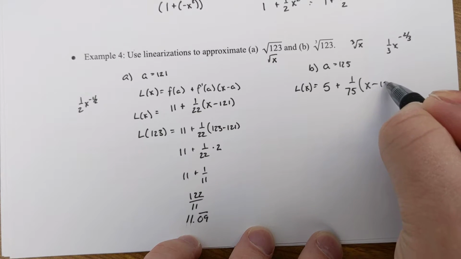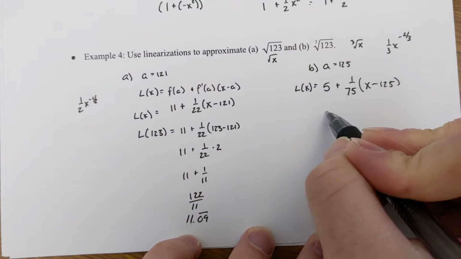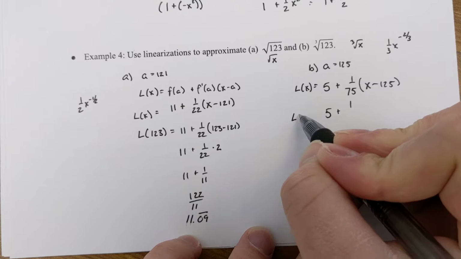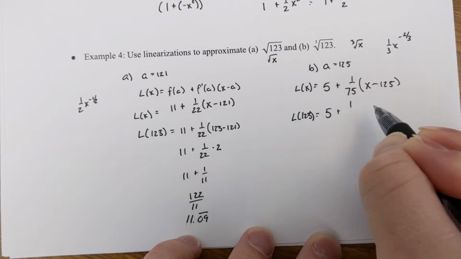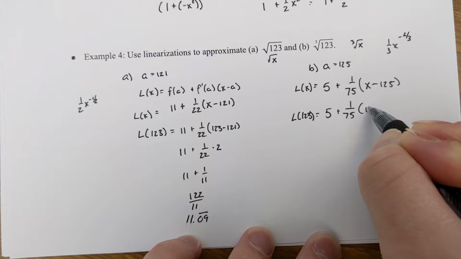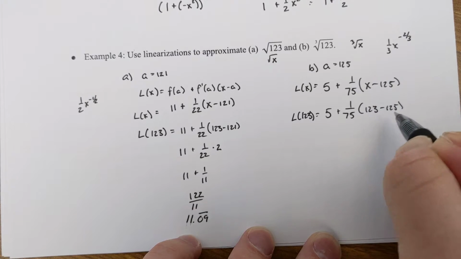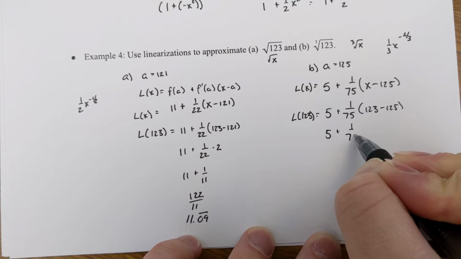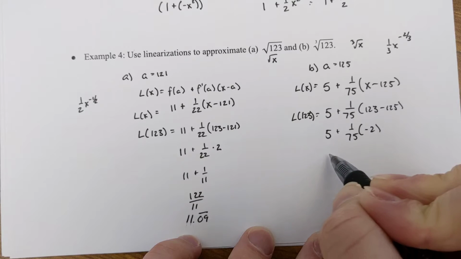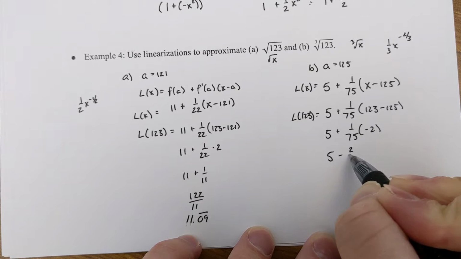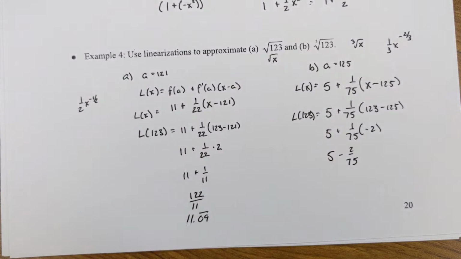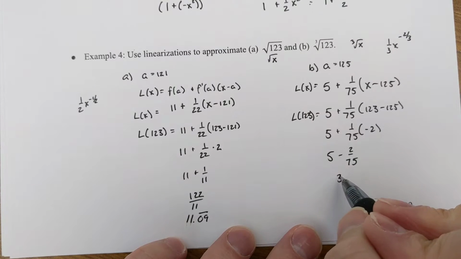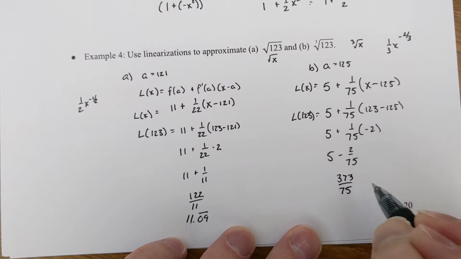Then times x minus 125. If I want to do 123, 5 plus 1/75 times 123 minus 125. So that's 1/75 times negative 2. So 5 minus 2/75. 5 is 375 over 75, so that's 373/75.